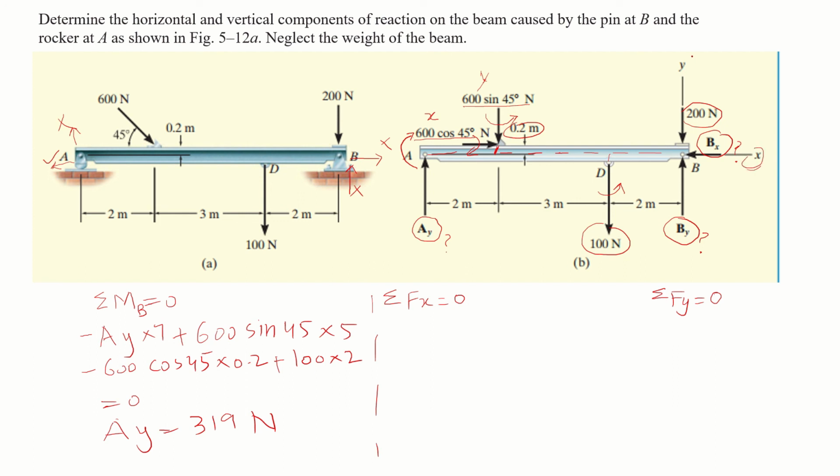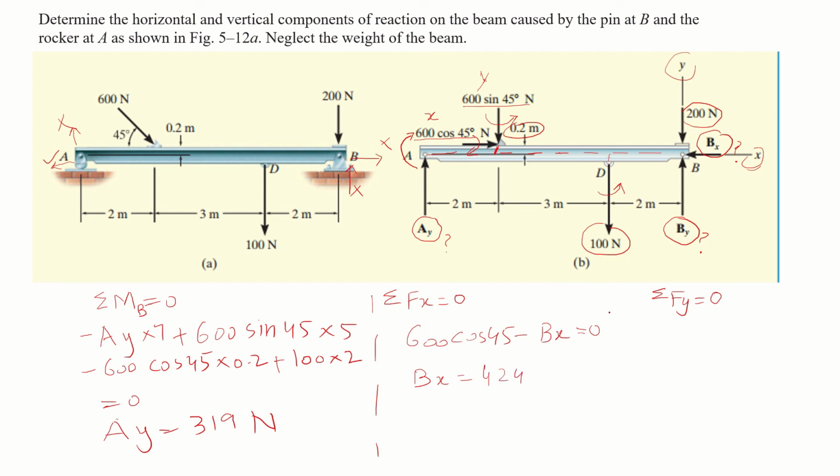We write the equation 600 cos 45 minus Bx. There is no other force in the x direction, so Bx has a negative sign because its direction is on the left side, whereas x is positive on the right side. So we will equate it to 0, and then we will get our answer of Bx equal to 424.